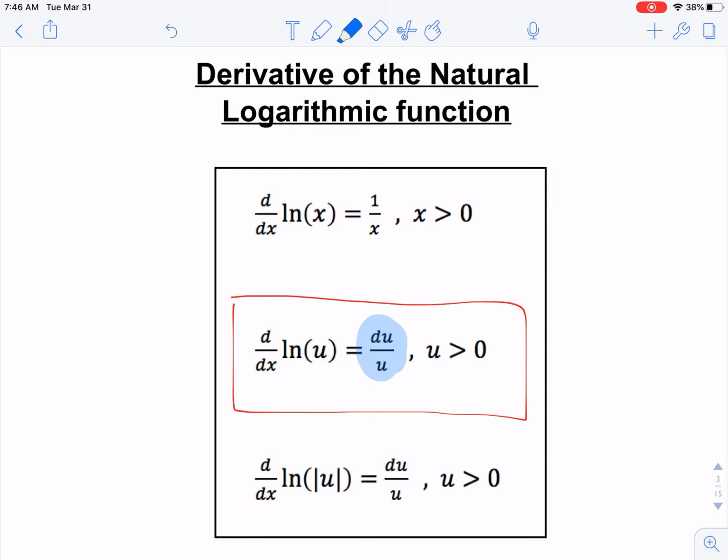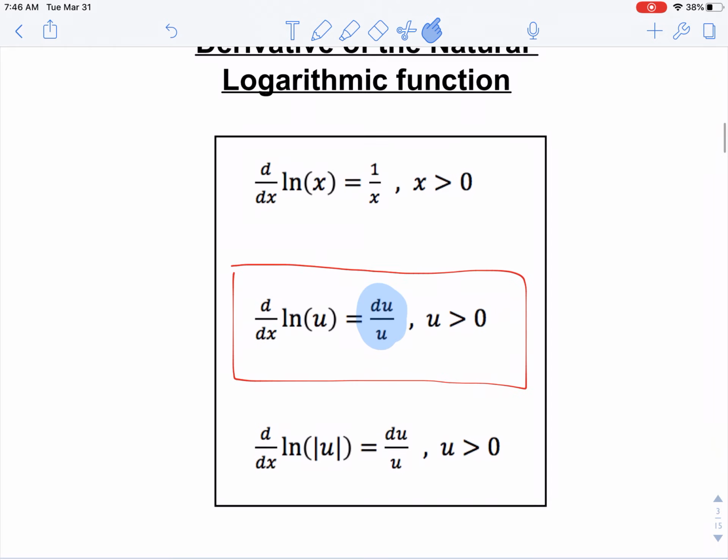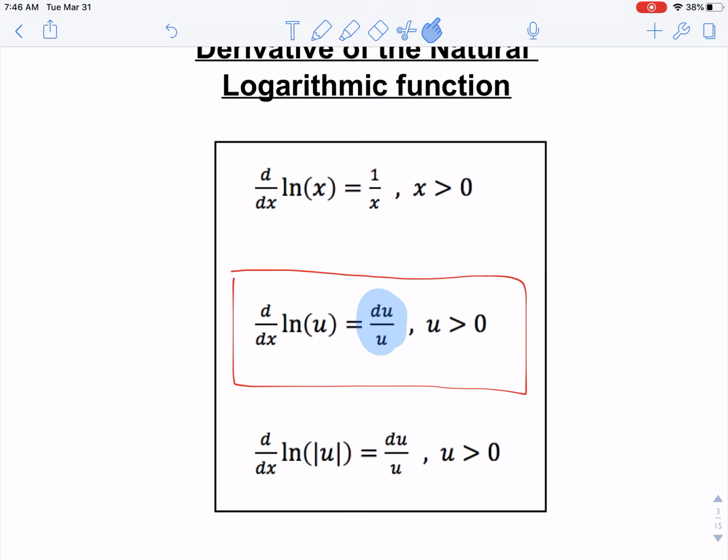Or in other words, the derivative of what's inside the log. So if there's a u inside the natural log, then du means its derivative, divided by just u. You just leave what's inside the natural log alone. You just write it on the bottom. So it's du over u. And all 3 of these things really say the same exact thing.